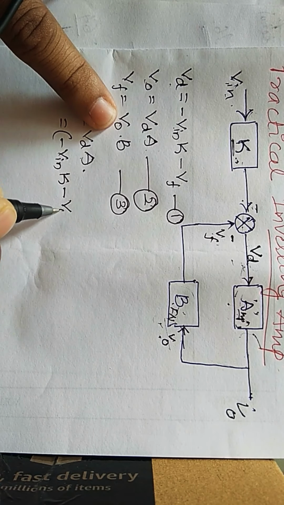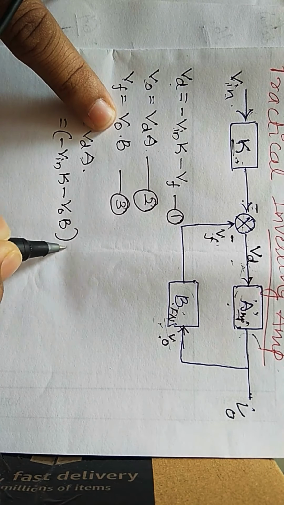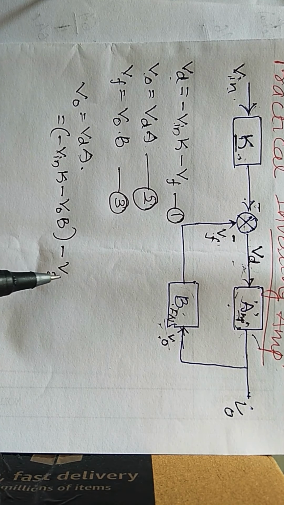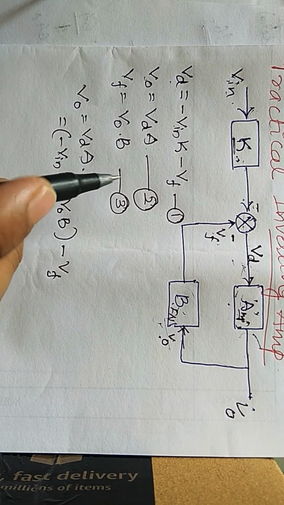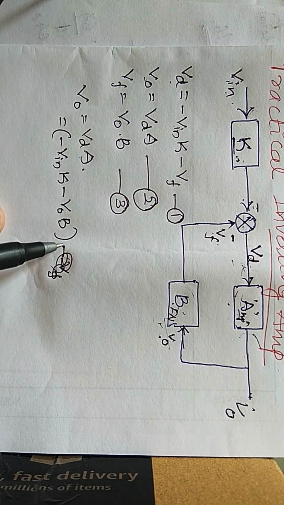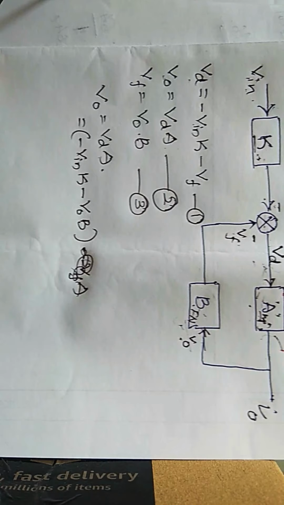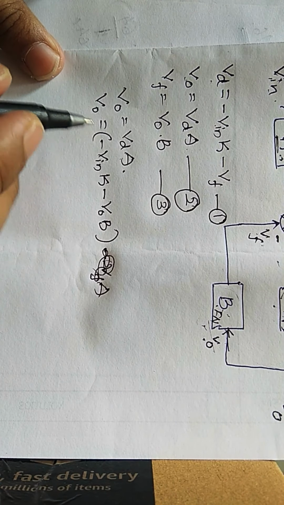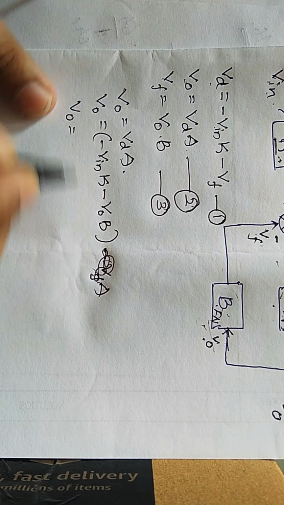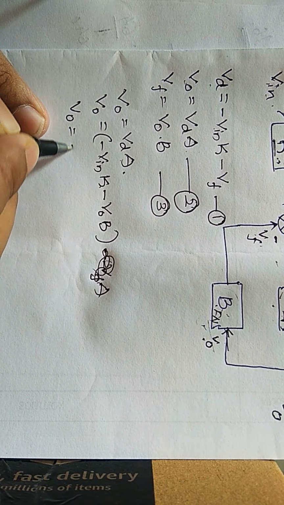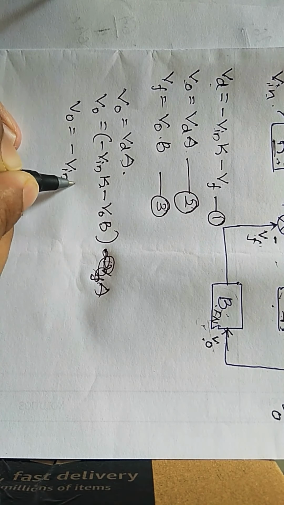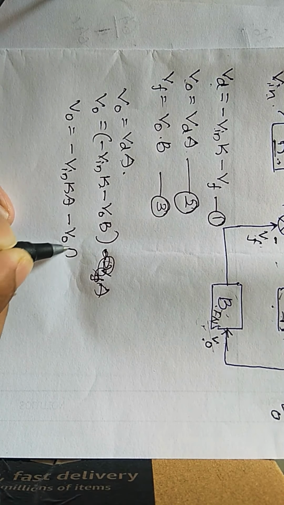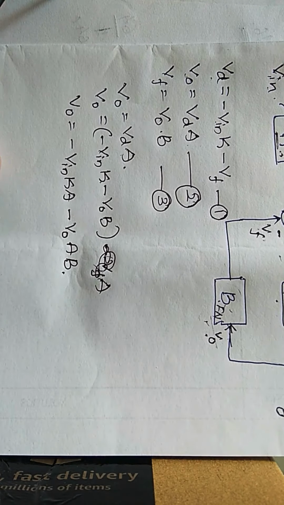VF we know is V0 into B, minus VF, into A. And next, V0 equals A multiplied with this factor, minus V in K A minus V0 A into B.